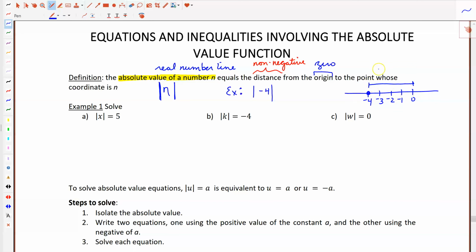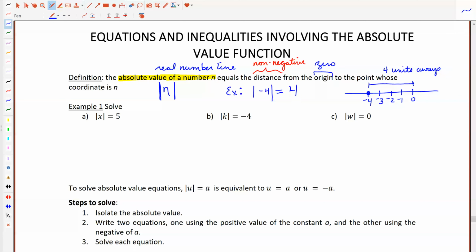From -4 to 0, it is 4 units away. So we would respond that the absolute value of -4 equals 4. I don't care that it was 4 units away to the left, I just care that it's 4 units away. So we're always going to be thinking about this idea about distance.